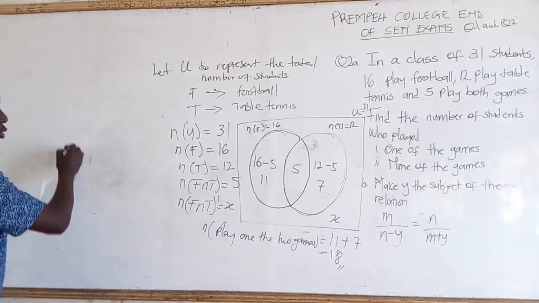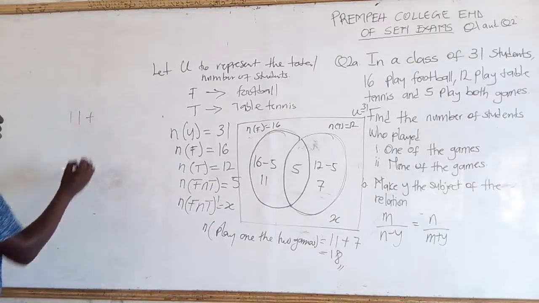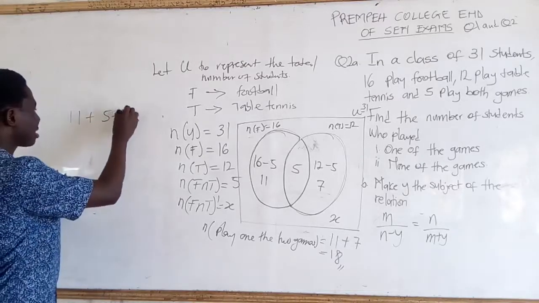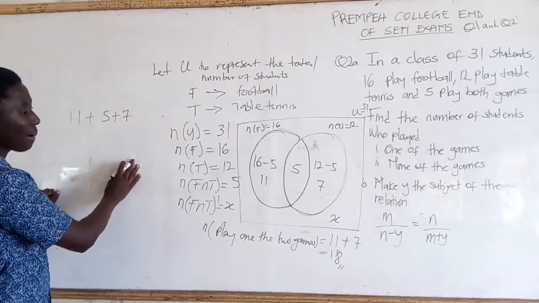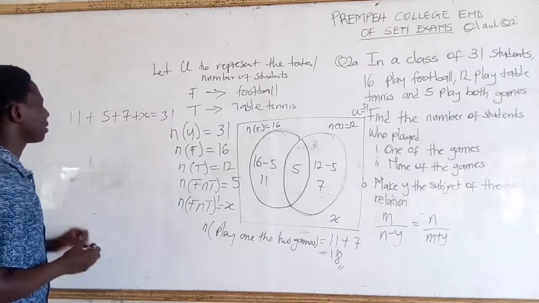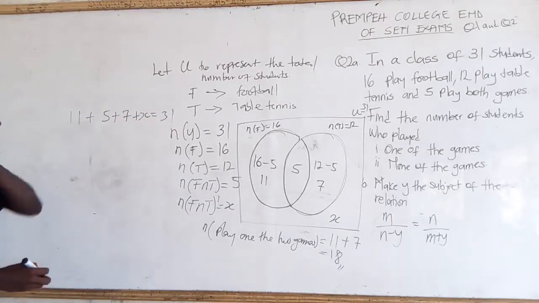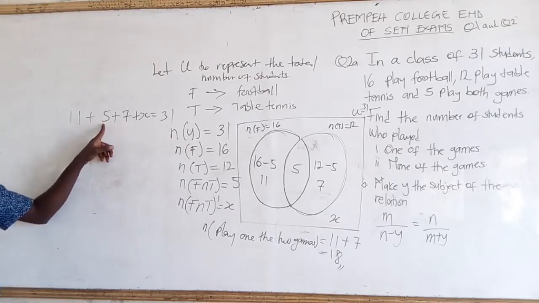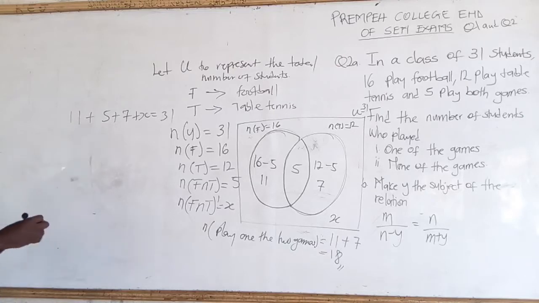So by so doing, we are going to get 11 plus 5 plus 7 plus x is equal to 31. And 11 plus 7 is 18. 18 plus 5 is 23.